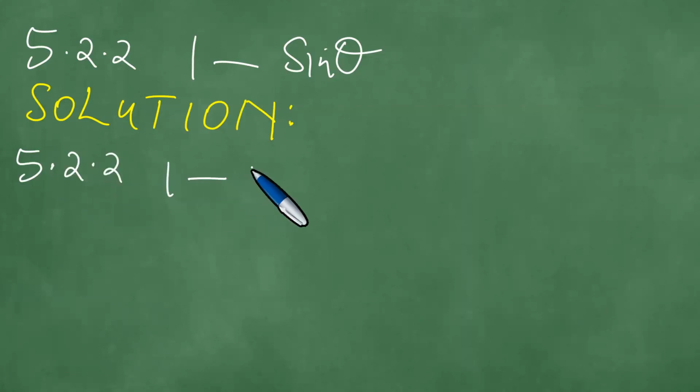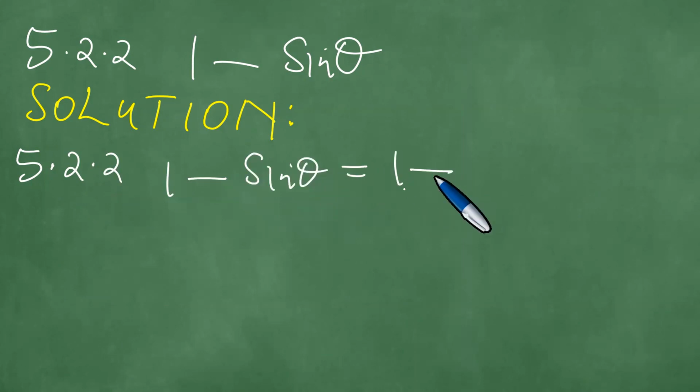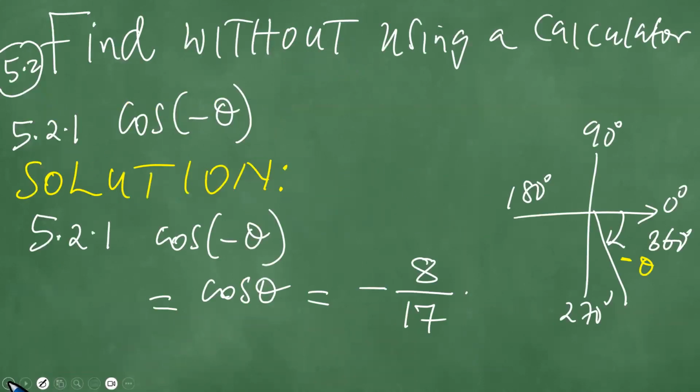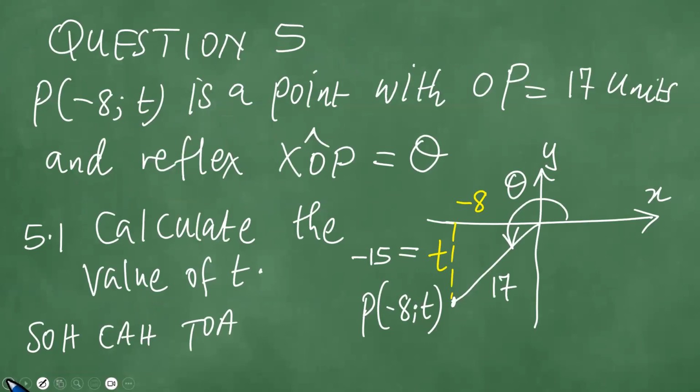So we have 1 minus the sine of theta. What is sine theta from the diagram? Sine is opposite over hypotenuse here. So if you have opposite over hypotenuse, the sine is minus 15 over 17.